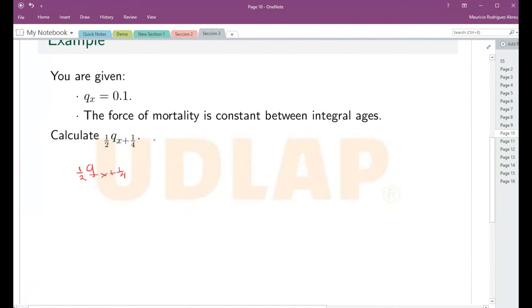As you can see, I didn't give you one general expression for what happens when we have fractional age. We know what to do with fractional durations, but that's fine. We can change these into things that we know. So this would be this, and this would be 3/4.